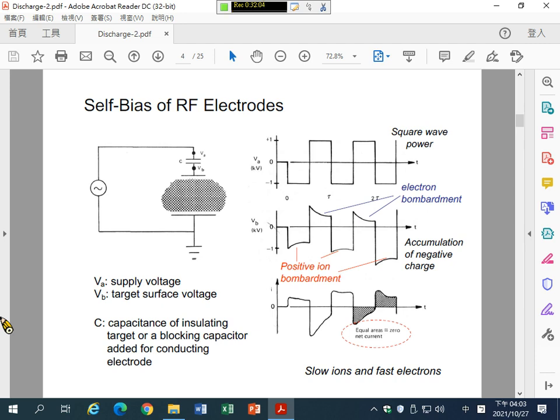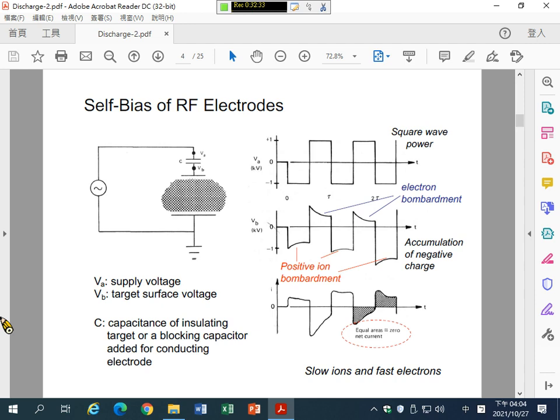So the ground electrode is anode, and the top electrode is cathode. But in the second half cycle, the top electrode is plus 1,000 volt, and the ground electrode is 0 volt. So it looks like the top electrode is anode, and the ground electrode is cathode.